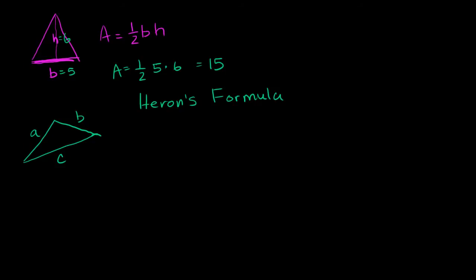So Heron's formula says first figure out this third variable s, which is essentially the perimeter of this triangle divided by 2. a plus b plus c divided by 2.